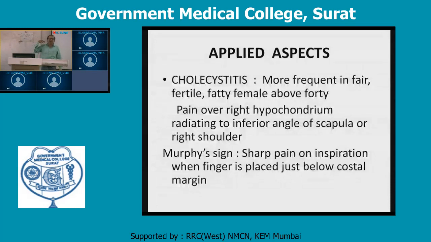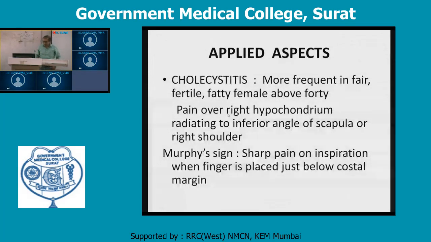This radiation towards the right shoulder can be understood by the nerve supply: a few fibers to the cystic plexus are contributed by the right phrenic nerve. The spinal segments forming the right phrenic are C3, 4, 5, and the same segments innervate the shoulder also. So pain may radiate towards the right shoulder.